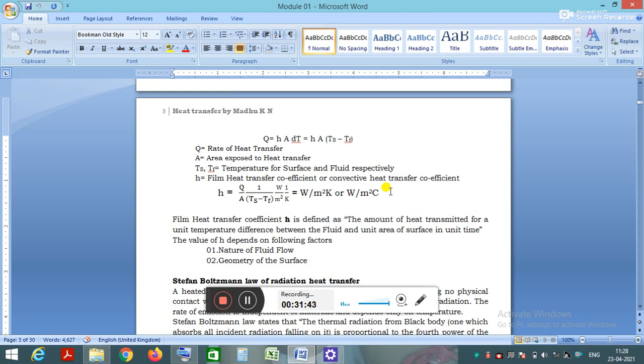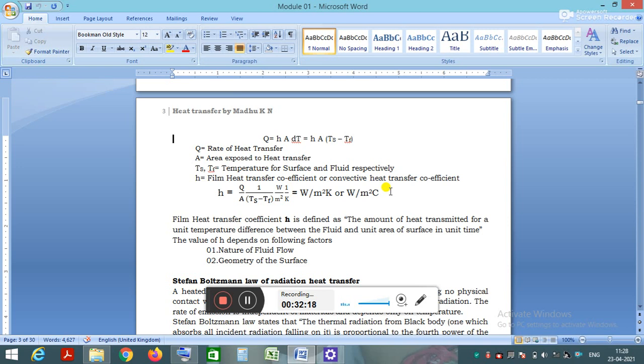Heat transfer coefficient is defined as the amount of heat which is transferred between a surface having unit cross-sectional area and a fluid whose temperature difference is also unity. That means the temperature difference between the surface and the fluid is 1 degree Celsius, and the surface exposed to the heat transfer is 1 meter square, it is called film heat transfer coefficient.